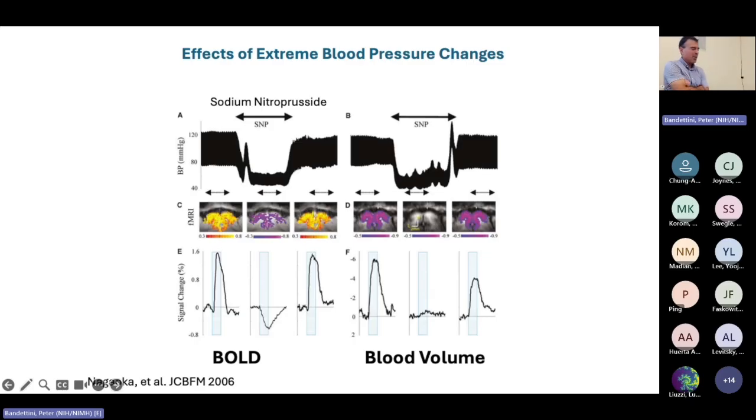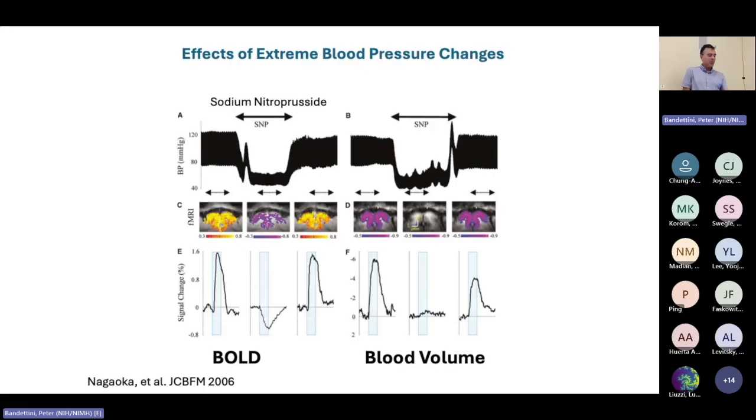So anyway, the last thing I want to talk about, just for illustration purposes, circling back to the neurovascular coupling thing that I was talking about, is what happens if you change blood pressure such that there was hardly any flow response.